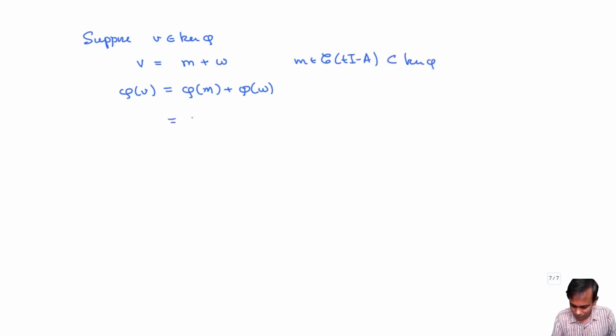So this is 0. So phi of v is phi of w, where w is now just a vector in F[t]^n whose coordinates are all constant. They're just elements of F.